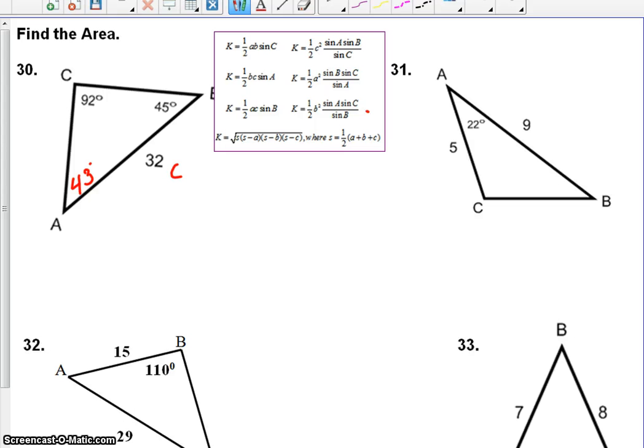So three angles tells me I'm going to be using one of these where I have all three angles. Actually, the one I need to use is the first one here. I'll circle it.